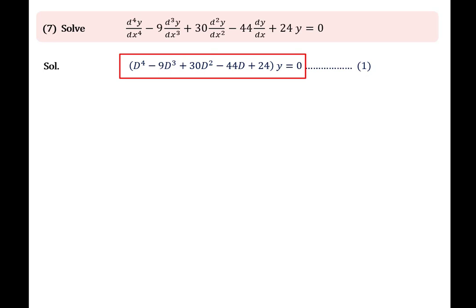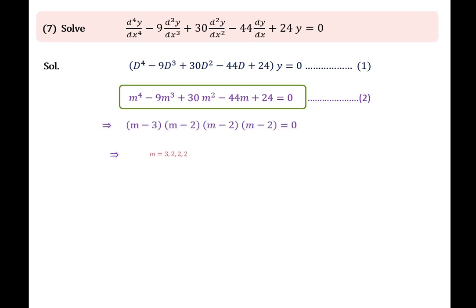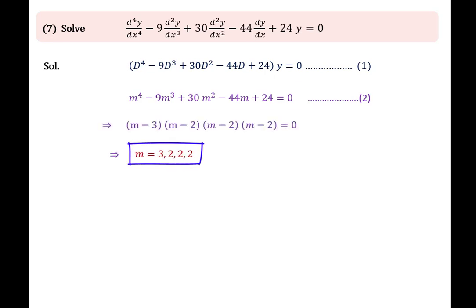The auxiliary equation of differential equation 1 is m^4 - 9m^3 + 30m^2 - 44m + 24 = 0, which is a fourth degree polynomial, so it has 4 roots and the roots are 3, 2, 2 and 2. Here all roots are real and root 2 is repeating 3 times.